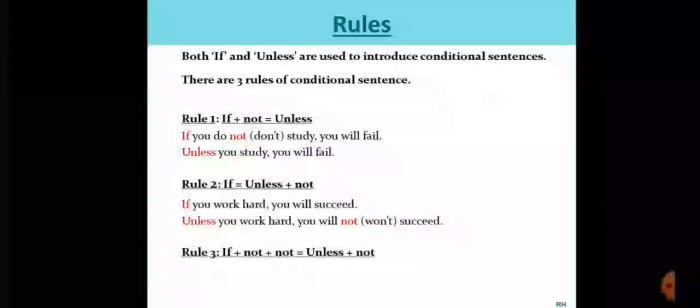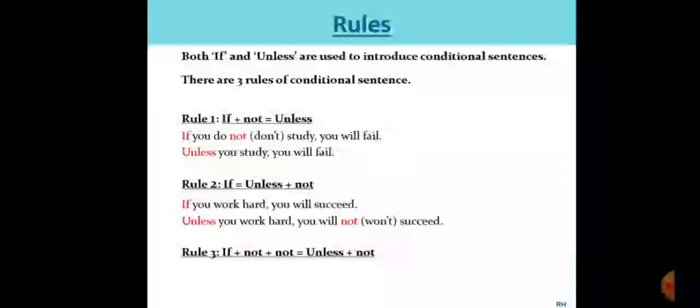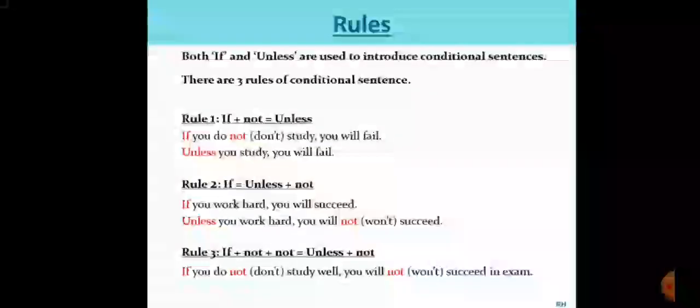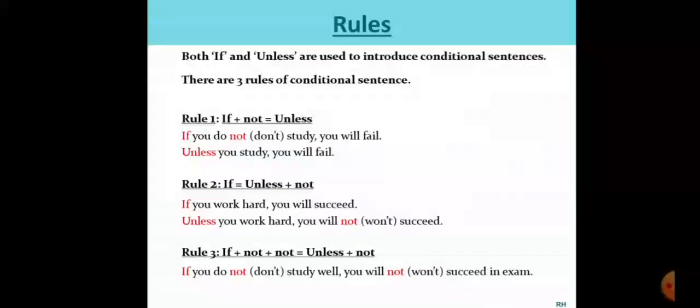And the third rule is, if in the sentence you find "if", "not" and "not", then we'll change it into "unless" plus "not". Okay students, so here: if you do not study well, you will not succeed in exam. I have taken a similar example so you can understand it better.